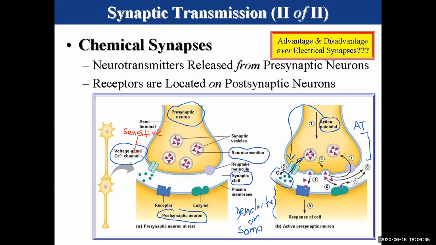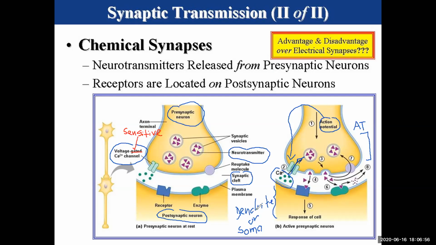Right? Dendrite, D-E-N-D-R-I-T-E. Dendrite or soma, S-O-M-A. Soma is the same as cell body. And when I say soma or cell body, I'm excluding the axon hillock, right?